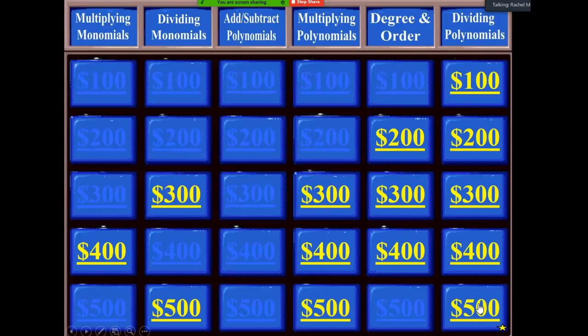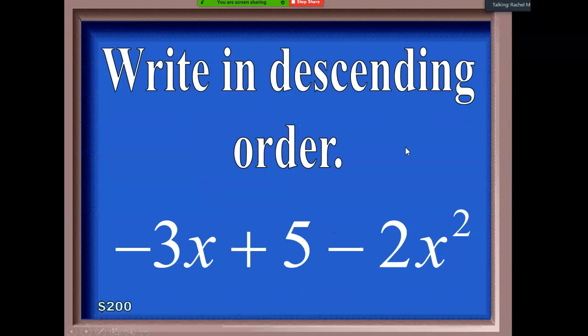All right. Let's go with a redemption degree in order 200. Please write your answers in descending order. That is ascending order. That is descending order. Good.